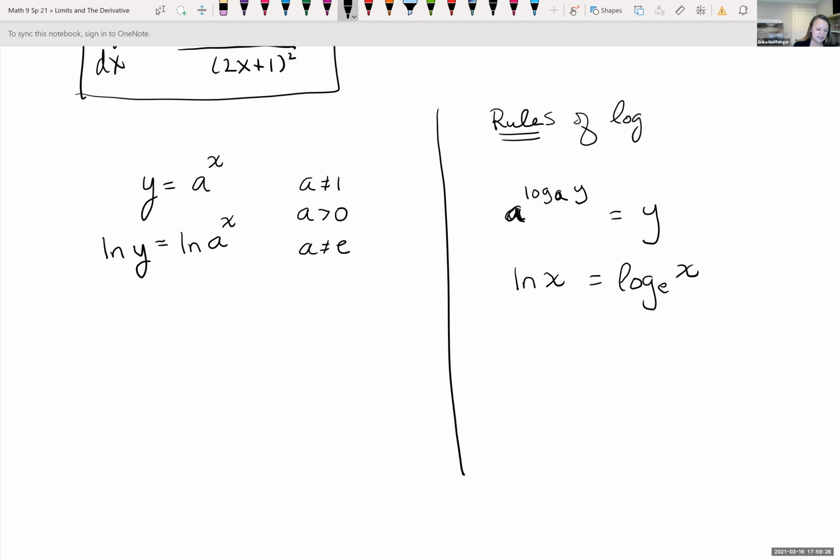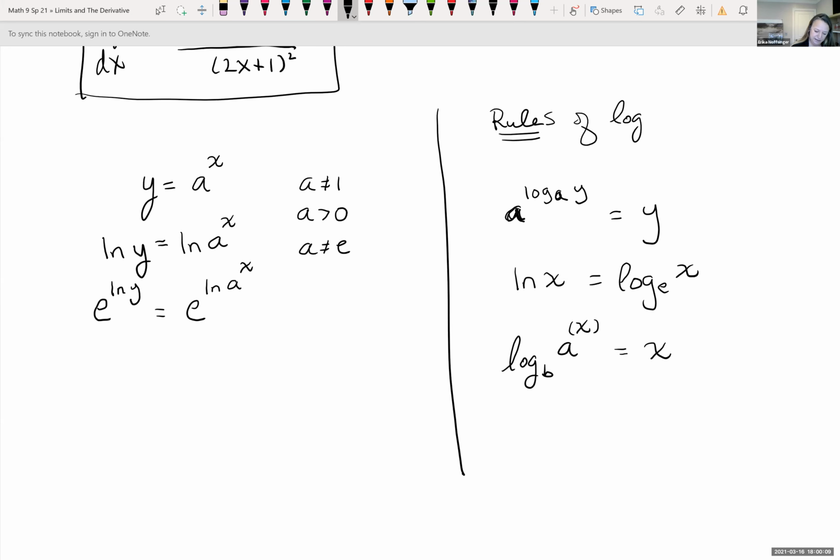So let's look at this and rewrite it. If we do that, we want to take e raised to the natural log of y equals e raised to the natural log of a raised to the x power, doing the same thing on each side of our equation. And then there's another rule of logs. If you have some log base b of something raised to a power, that power can be rewritten as coming down in front.